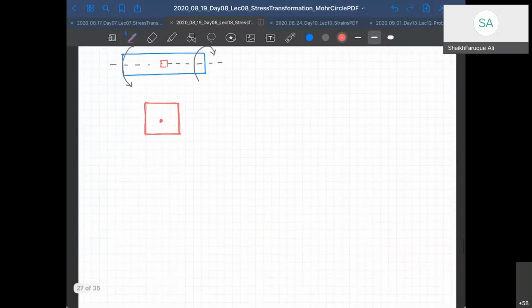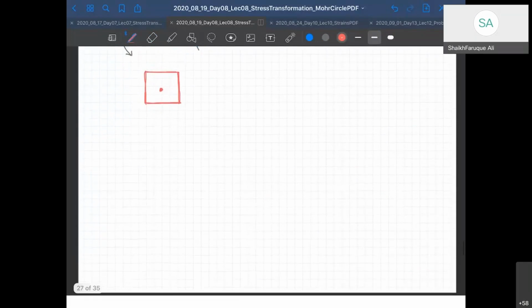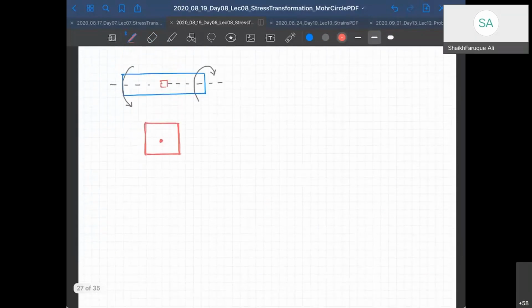Now here, what did we give? We gave only shear. We did not give any normal stress to the material. So it was only shear. So let's say I have given positive shears.